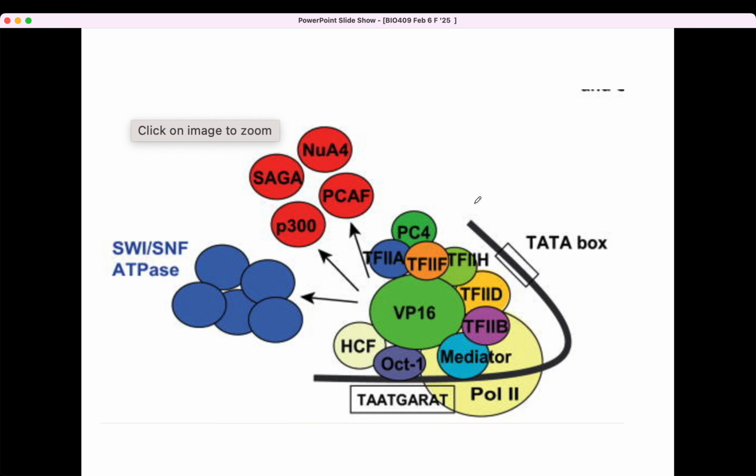So here is the Tata box, and here it's showing a complex of proteins binding to an enhancer. And so this is the pre-initiation complex that's assembled. This protein right here is actually TBP.